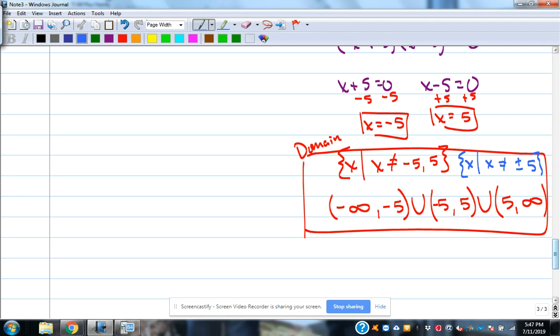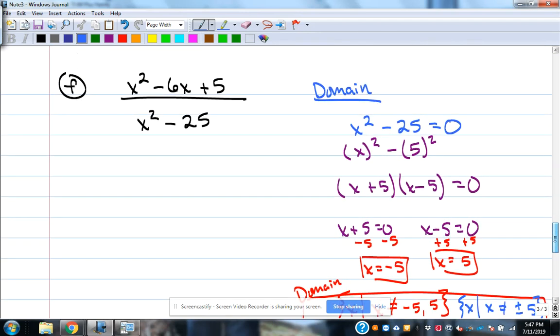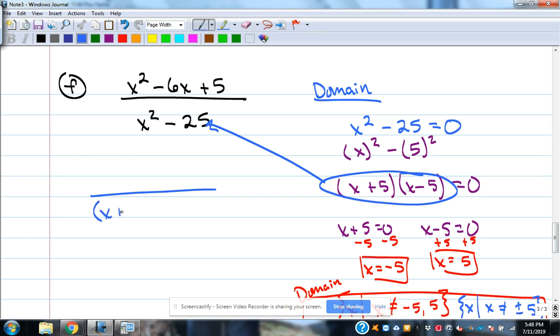All right, now let's take that, and we're going to use that factoring that we did. Because we've already factored this, we're going to use that as a shortcut on our simplifying. We've already got x plus 5, x minus 5 on the bottom. We've already done that part. That means all we've got to do is factor the numerator.